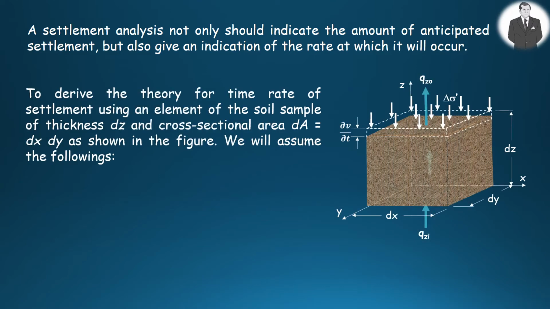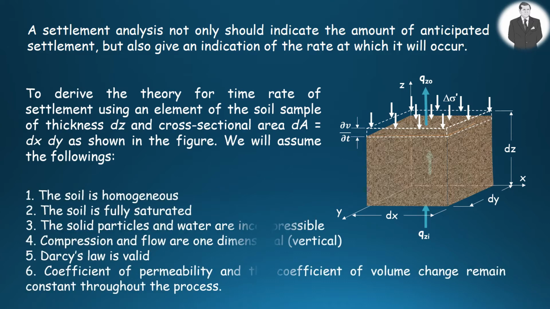To obtain the theory for time rate of settlement, we use an element of the soil sample of thickness dz and cross-sectional area dA, which is equal to dx times dy, as shown in the figure. The assumptions are as follows. The soil is homogeneous.